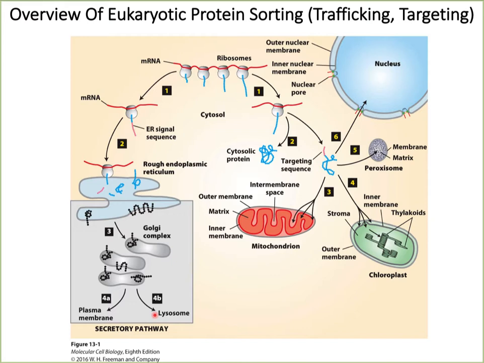So do not get confused by the nomenclature: not all secretory proteins are secreted by the cell, but they are manufactured and processed through the endoplasmic reticulum and Golgi, and from there they can be transported into different organelles in the cell as well. Not all proteins that are targeted to the ER are actually secreted out of the cell, and that is the take-home message from here. Just remember that.